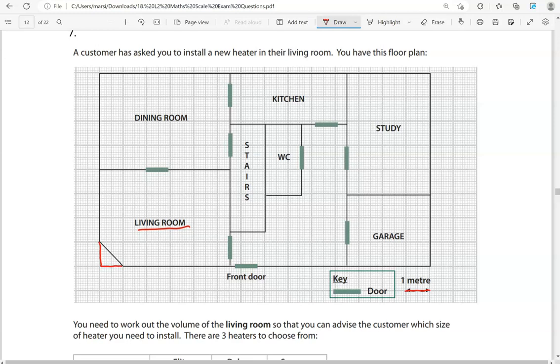So we've got length, that is 1, 2, 3, 4, 5.5, so 5.5 meters, and width, that is 1, 2, 3, 4 meters.